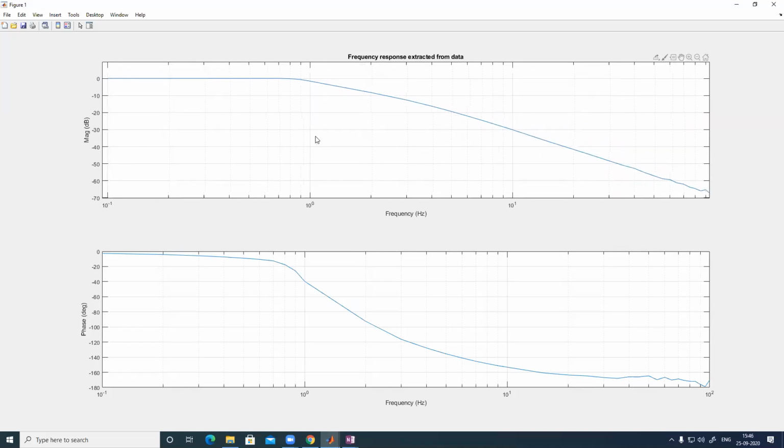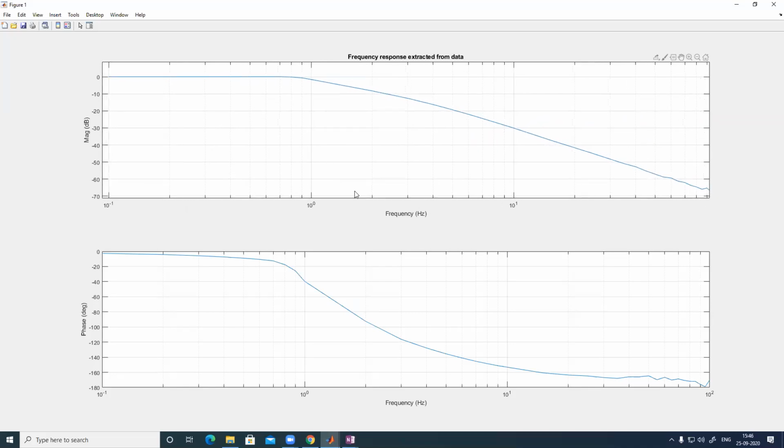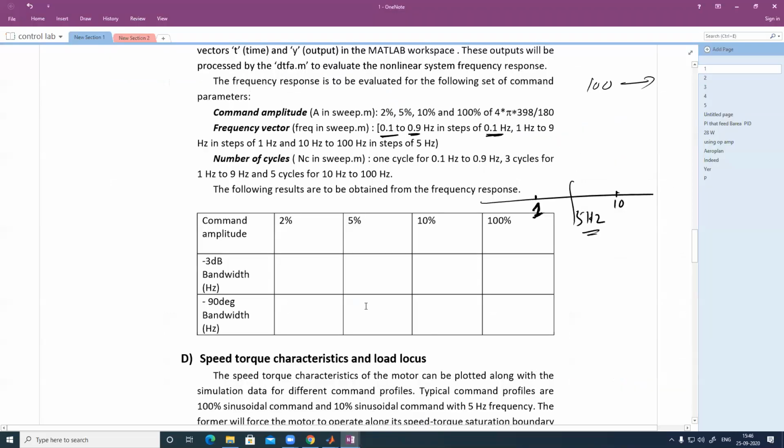Then it should be varying from 0.5 to 50, right? 5 by 10 to 5 into 10. No, 5 by 10 is not a decade. 0.01, 0.1, 1, 10, like that you will take it. Sir, you are getting 0.5 only, but you are taking it as 0.1.